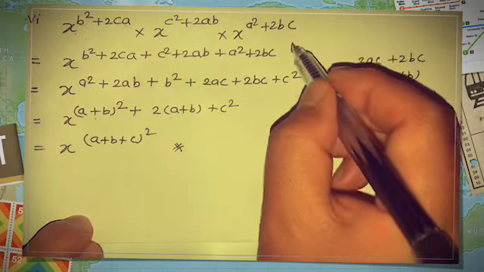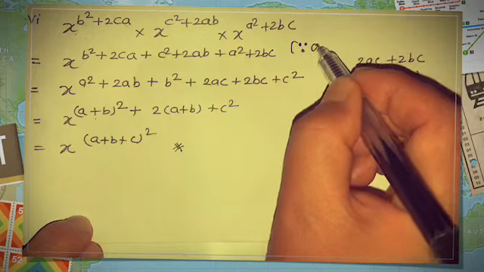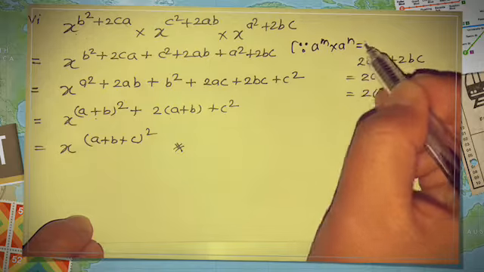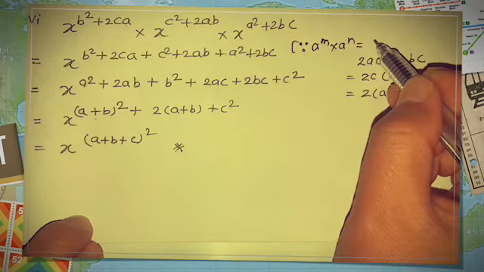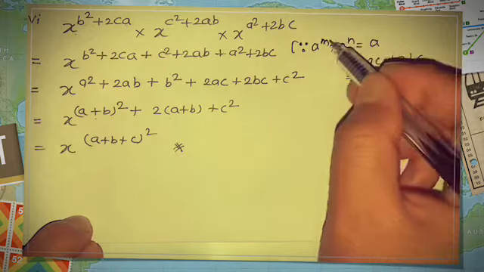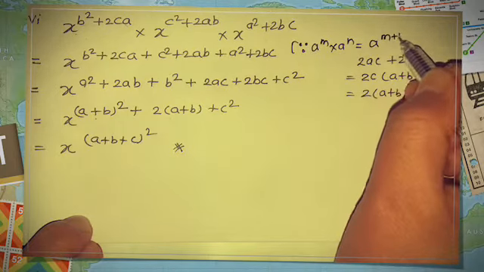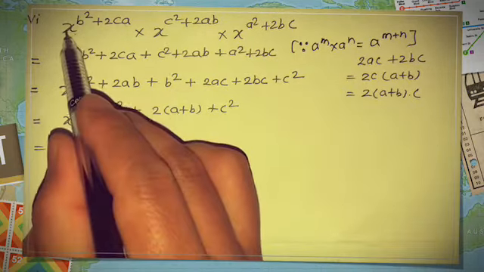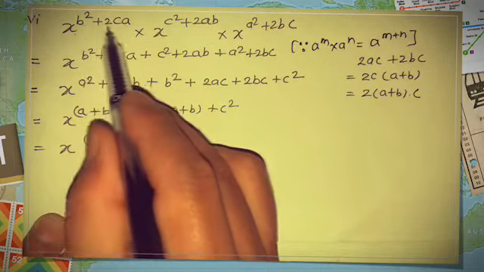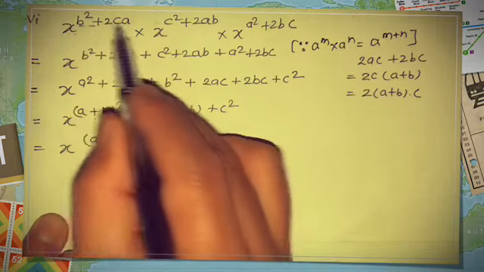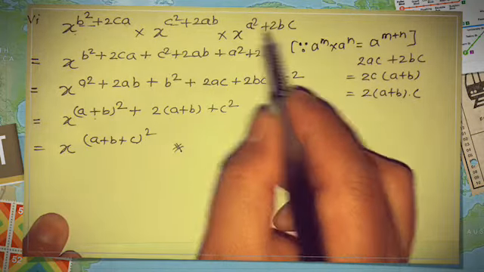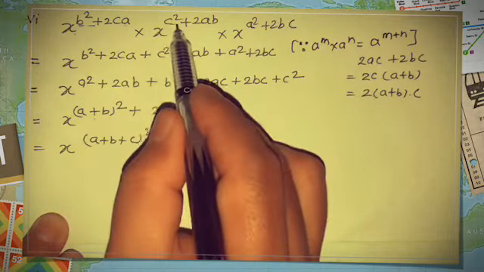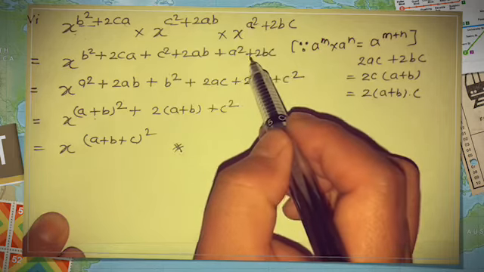According to that law, if we have a to the m and a to the n, then by the law of multiplying indices the powers are added. So by using this law, the powers of x are added here, respectively.